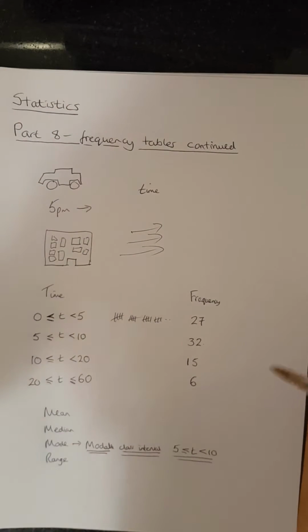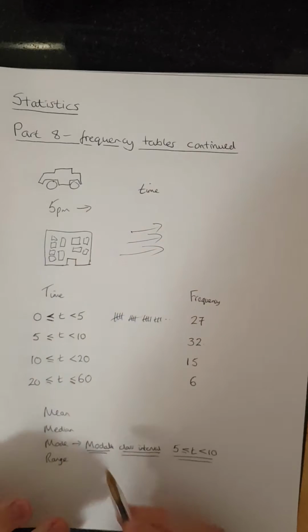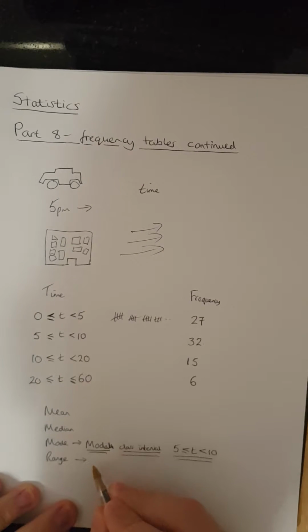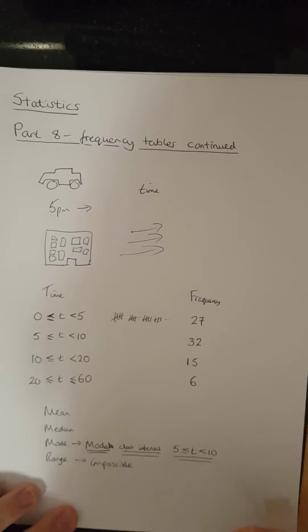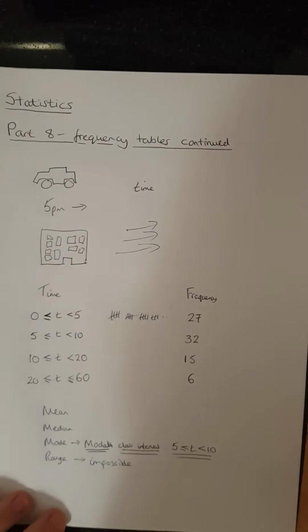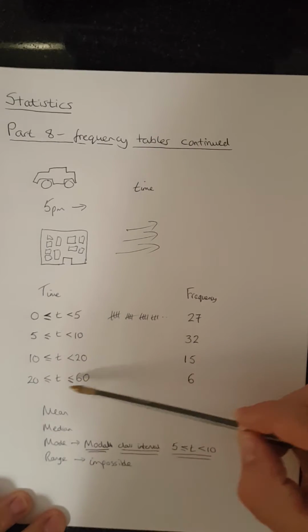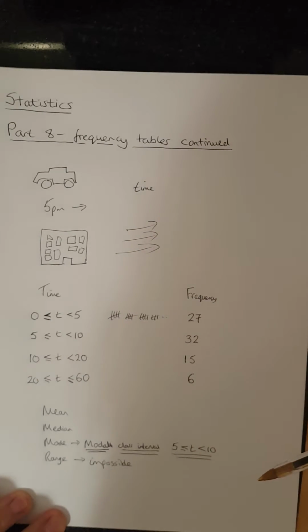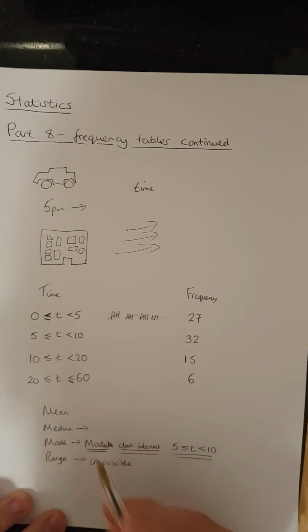Okay, so far so good. Range. The highest value take away the lowest value. I'm afraid that's going to prove impossible because we don't know any of the actual values. And it's not a very good idea, given our intervals, to estimate them either. Not for a range.